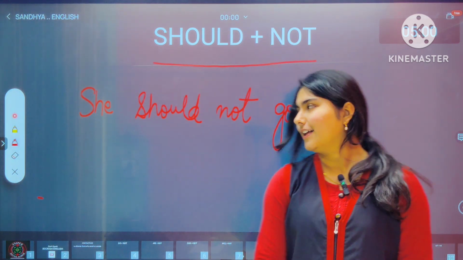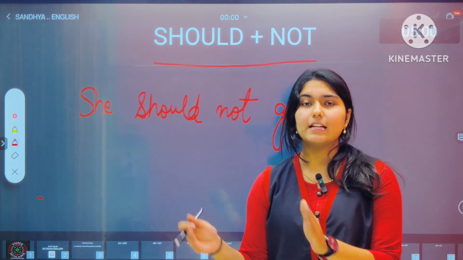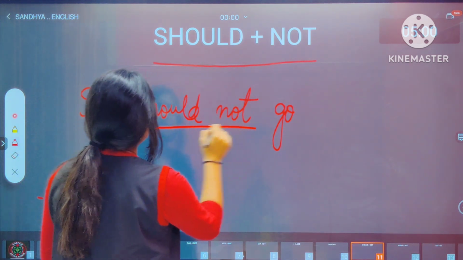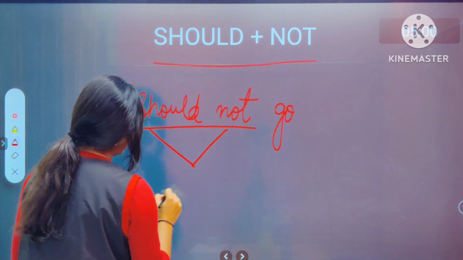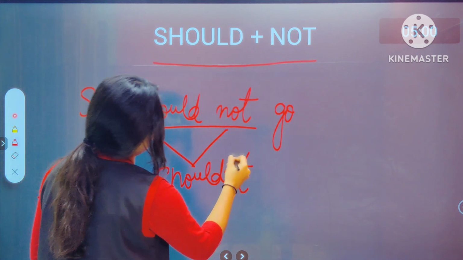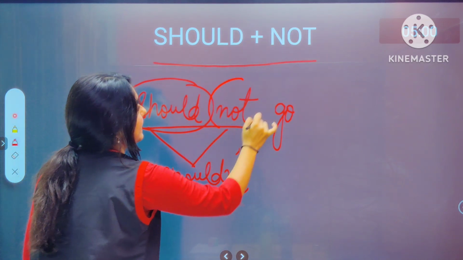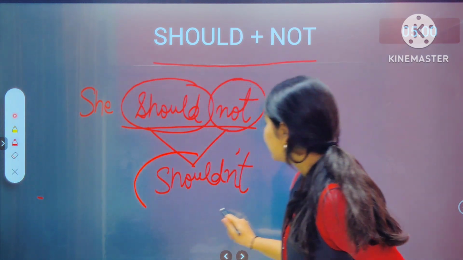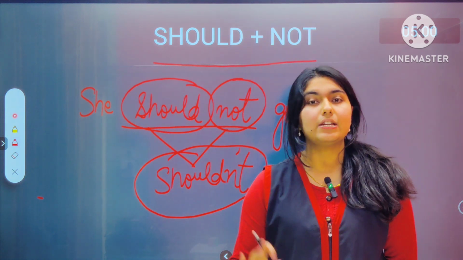Instead of pronouncing every single word, you can just merge both these words, should and not. And the contraction which comes out of it is shouldn't. So here, what we did is we merged both these words and made a simple contraction out of it. Right? Shouldn't. So instead of saying she should not go, you can say she shouldn't go.